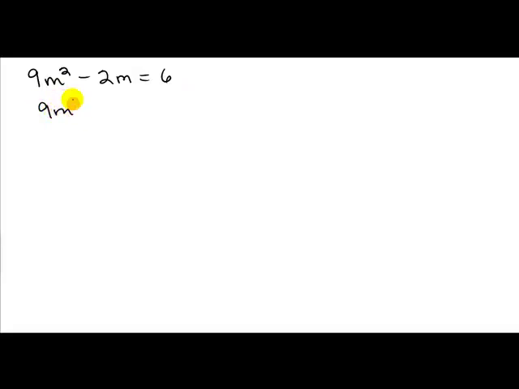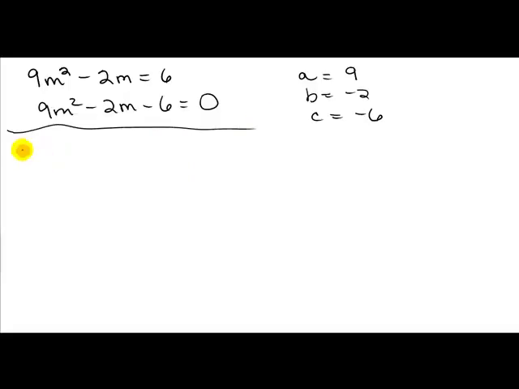I need to rewrite this so that everything is on the same side of the equal sign. Then I can take and find my A, my B, and my C. Then I can come and fill them into the formula.